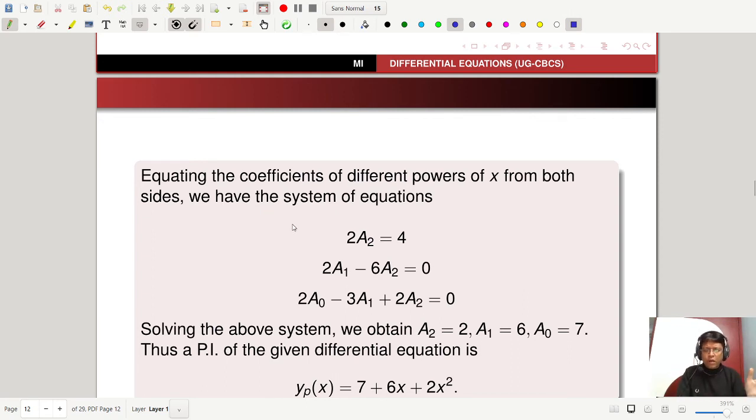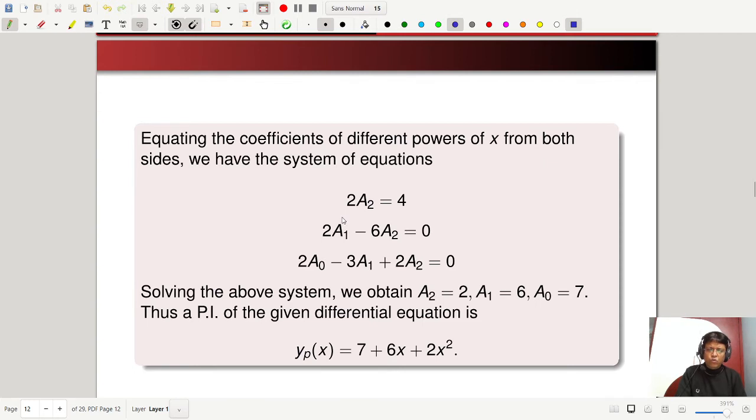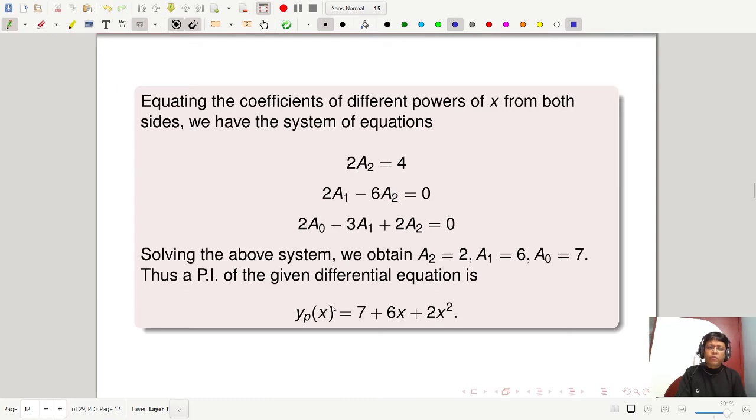You are equating the coefficient of x squared, the coefficient of x, and the constant term. You have the system of equations: 2a2 equals 4, 2a1 minus 6a2 equals 0, 2a0 minus 3a1 plus 2a2 equals 0. Solving the above system, we obtain a2 equal to 2, a1 equal to 6, a0 equal to 7.